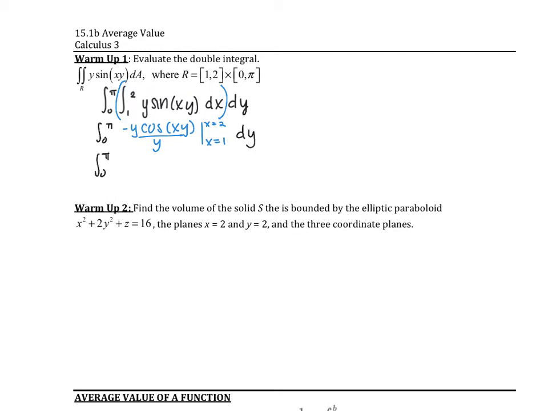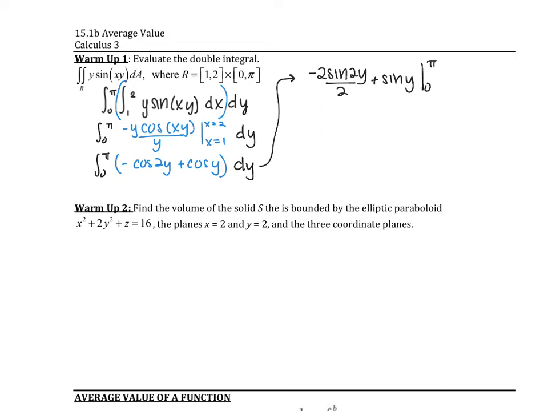Simplifying that piece, we would get negative cosine 2y minus negative cosine y, so plus cosine y, dy. Now I'm going to integrate this, and we get negative 2 sine 2y over 2 plus sine of y, evaluated from 0 to pi.